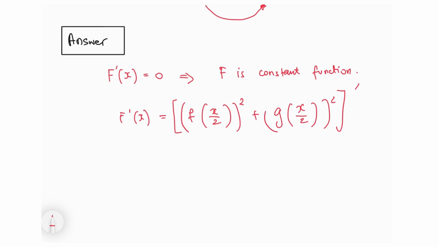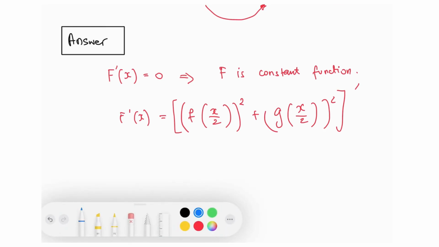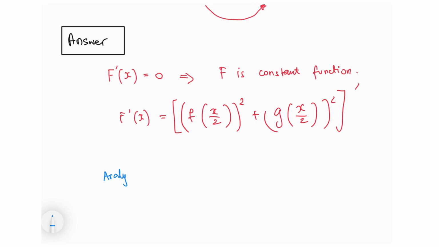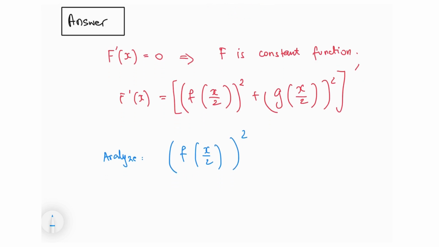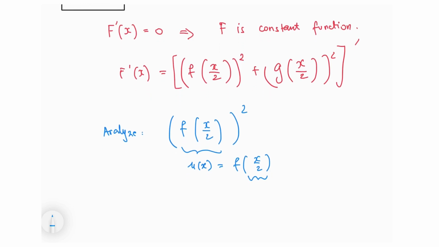Now, before we do that, let us analyze f of x over 2 and then square. This is a composite function where if you take u of x equals f of x over 2, and then you take v of x to be x half, then basically you have u of v of x and then squared.